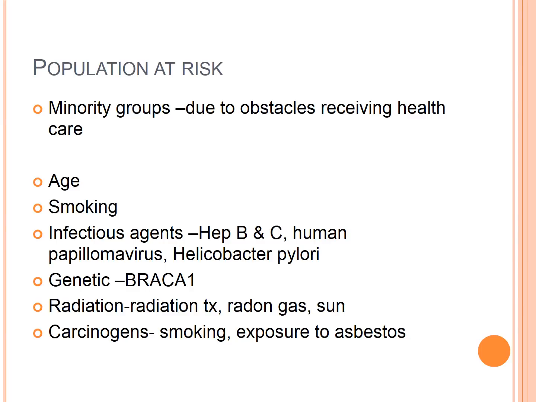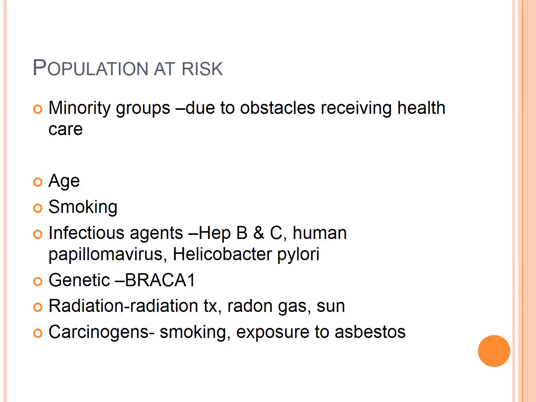Human papillomavirus, or HPV. This would be in the reproductive tract. One of the more common areas for dysplasia to occur is in the cervix and also in the respiratory tract. With the HPV virus, when someone has it, there are abnormal cells in the reproductive tract.